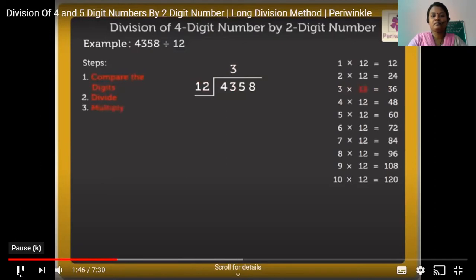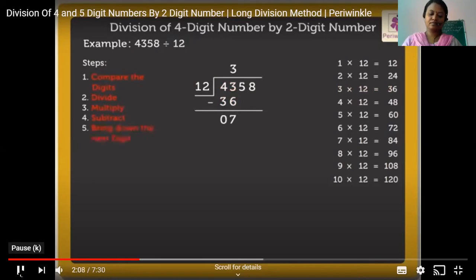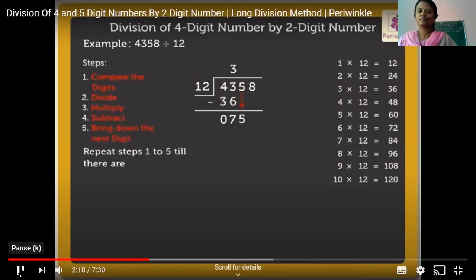As we know, 12 into 3 is equal to 36. We write 36 under 43. Step 4 is to subtract 36 from 43, which is equal to 7. Now, step 5 is to bring down the next digit, that is 5. After bringing down the digit, we repeat steps 1 to 5 till there are no more digits to bring down.